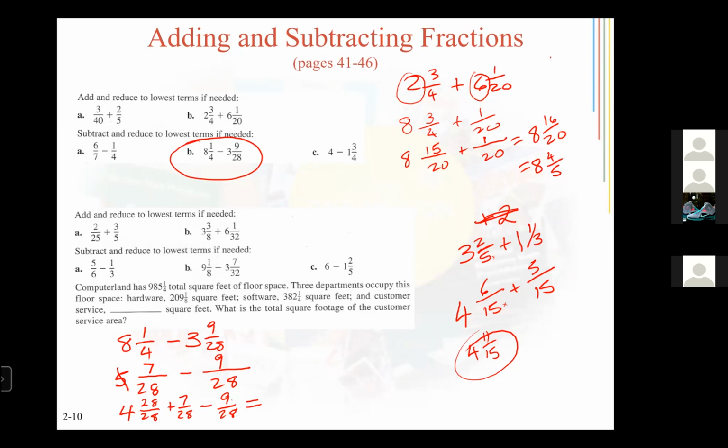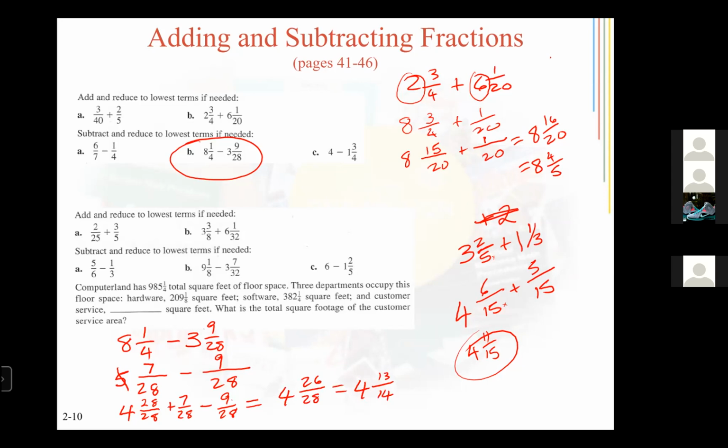All right. So that's going to be equal to 4 and 26 over 28, which could be reduced to 4 and 13 over 14. That's the lowest term.